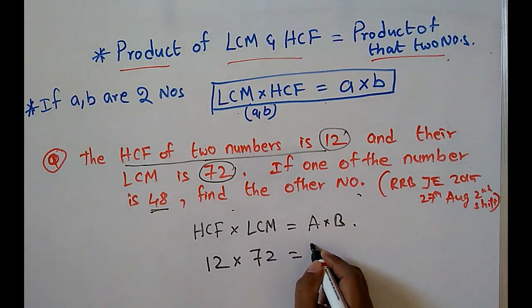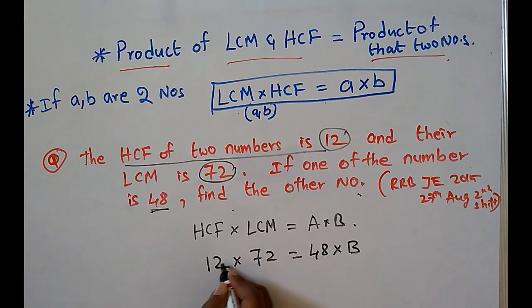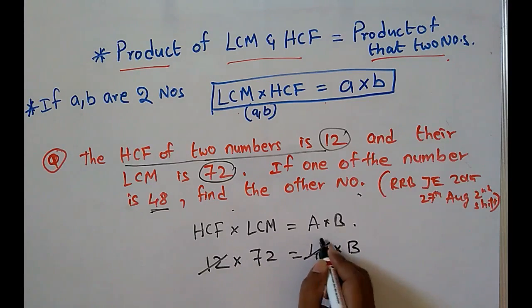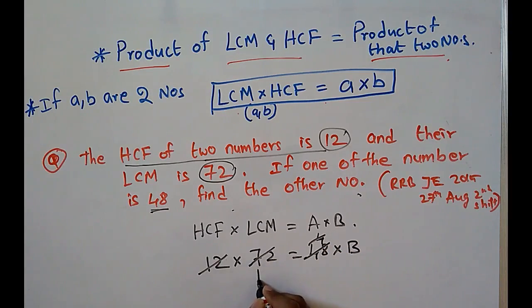One of the numbers is given as 48. All you have to find is the second number. 12 fours are 48, 4 18s are 72. So the second number is 18.